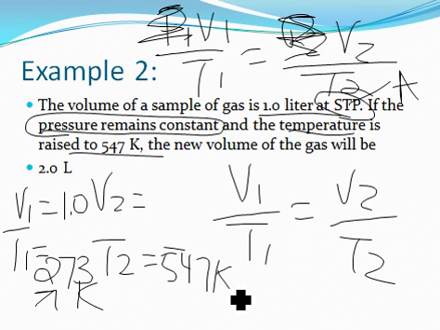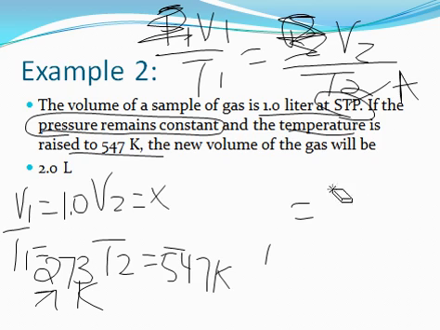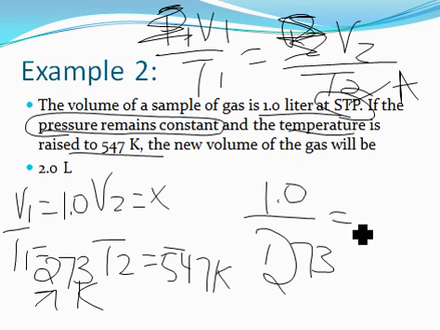So let's plug it in. V1 is 1, T1 is 273, equals V2 is X, T2 is 547. Your favorite thing, we get to cross multiply. And we end up with our answer: 2 liters.